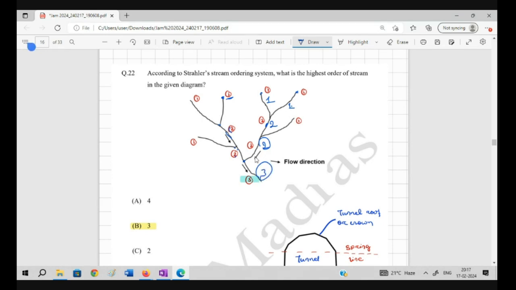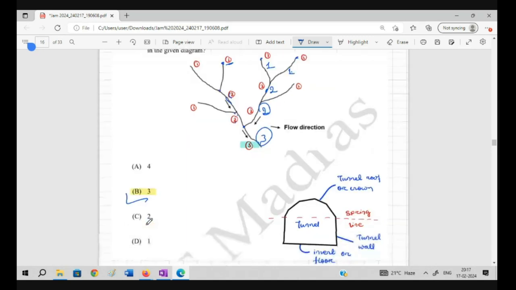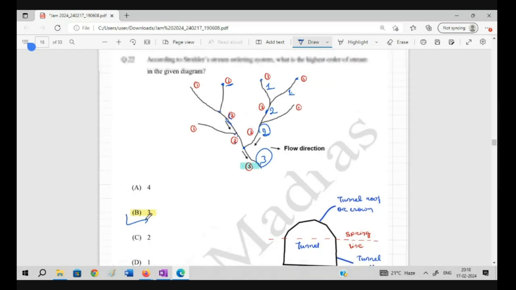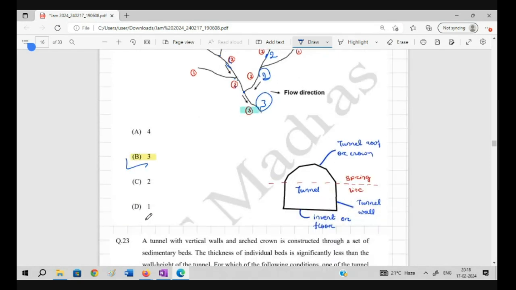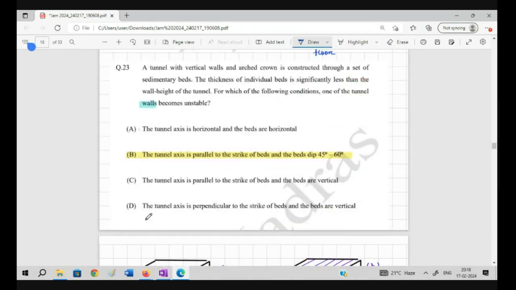So in this figure, the highest order you can get is the third order stream. So it will be option B. Could you get it? Yes, sir. Okay, fine.